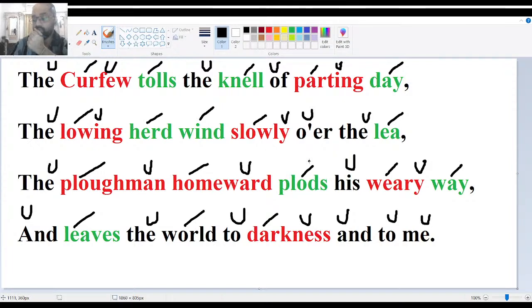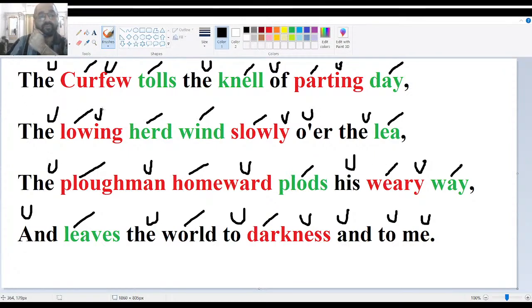An iambic rhythm sounds like this: 1 2 1 2 1 2 1 2 1 2, and a trochaic rhythm sounds like this: 1 2 1 2 1 2. So you have to identify which rhythm is dominant here, which rhythm you basically identify in the poem.